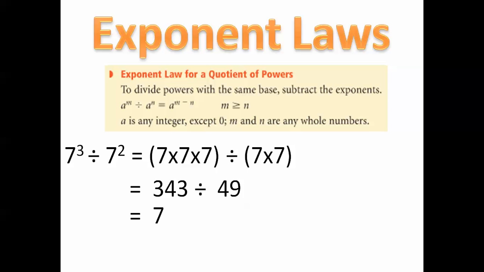If we look at our original question, 3 minus 2 is 1. So we know that we can write the original expression, 7 cubed divided by 7 squared, as 7 to the power of 3 minus 2, which will give us 7 to the 1, or 7. So let's look at another example.